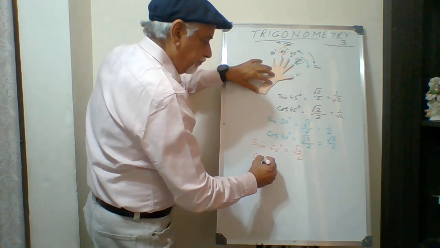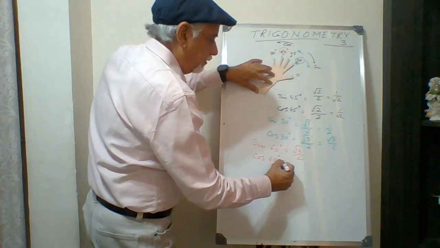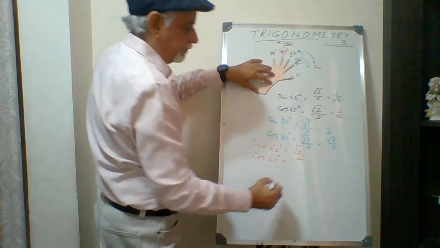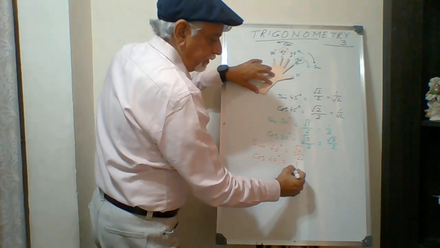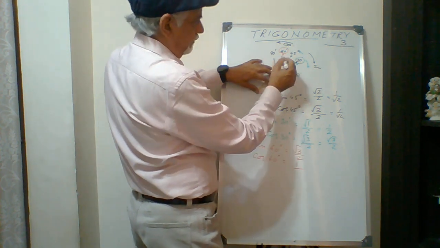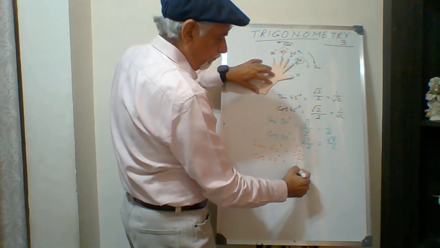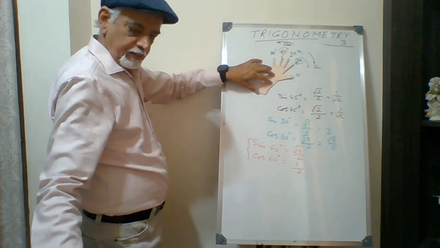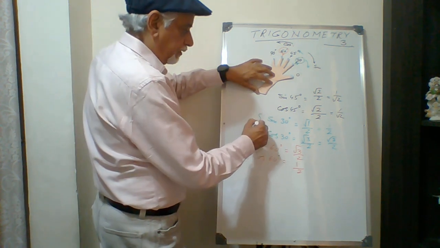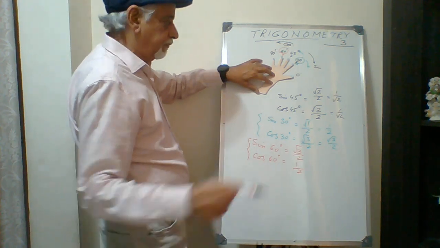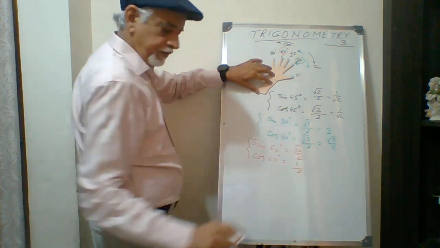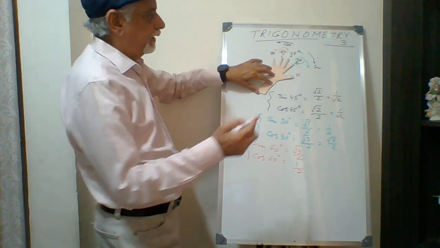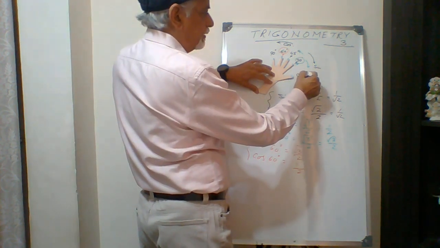Similarly for cos, what will you do? Count the number of fingers on the left. It is 1. Square root of 1 is 1 and divide by 2. So it is half. This is the value for sine and cos of 30 degree, and this is the value for sine and cos of 45 degree. Similarly, you can find the value for 0 degree as well.